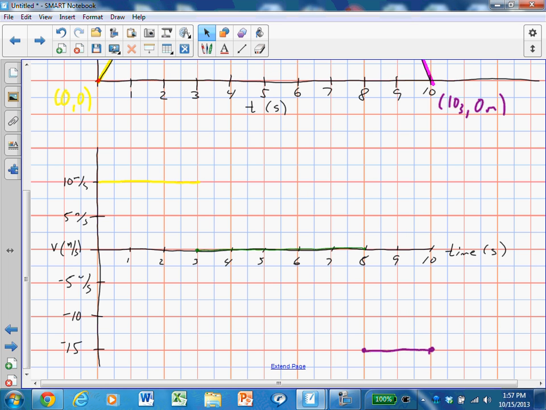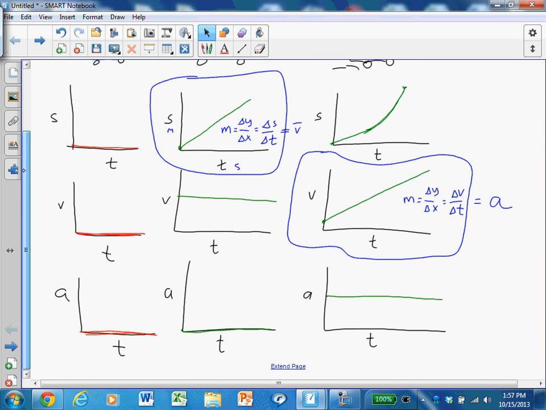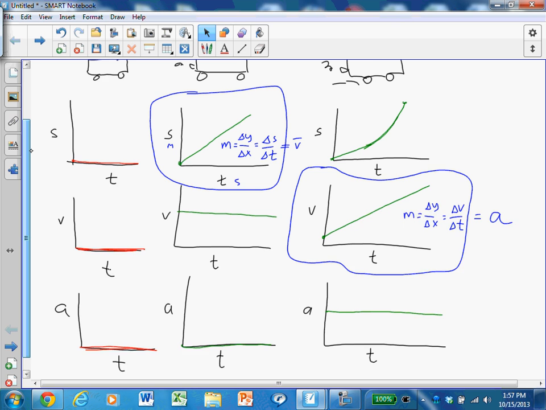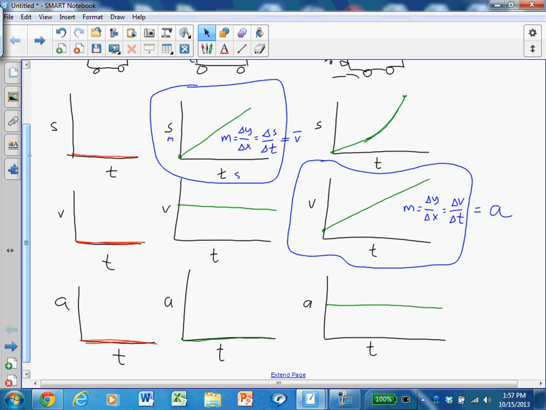Now, areas under the graph can also give us some information. Okay? Let's go back over here. Let's look at this area here on this graph. I'll put it in purple.